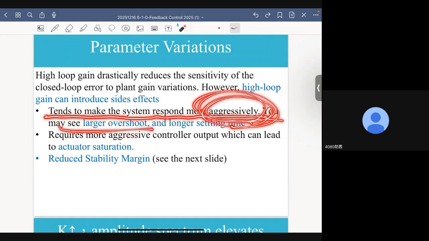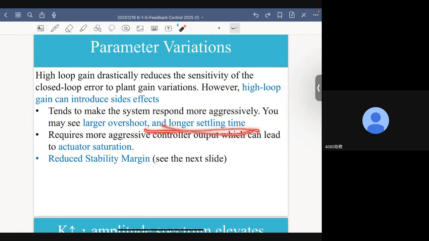You make larger overshoot and often longer settling time, okay? Now, it requires more aggressive controller output, which can lead to actuator saturation, all right? Every actuator has its limits. A motor can only produce limited amount of torque, all right? An engine can only produce limited amount of force, all right?